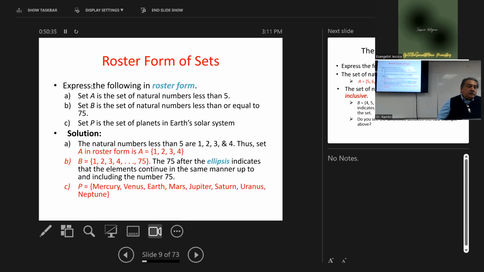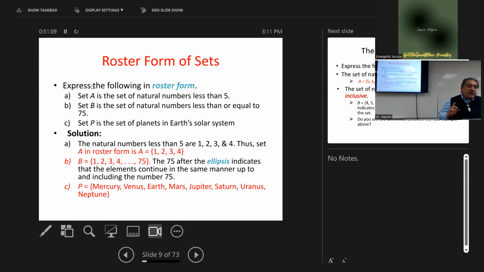Now, B is a set of natural numbers less than or equal to 75. So I write B equal, then you open braces, and 1, 2, 3, 4, and you don't need to write all the numbers up to 75. You write 1, 2, 3, 4, comma, and then put 3 ellipses, and then comma, and the last number 75.